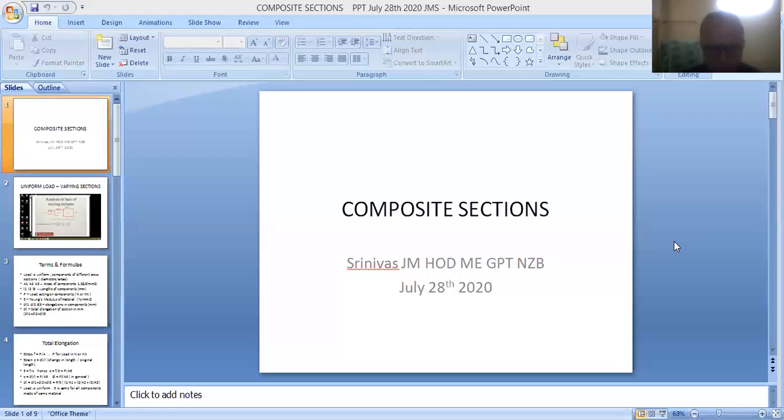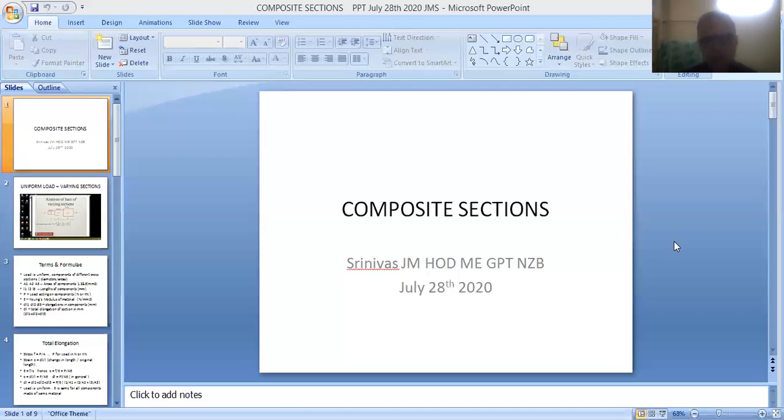Mostly we will be getting problems on composite sections having three components, and of course sometimes having only two components.